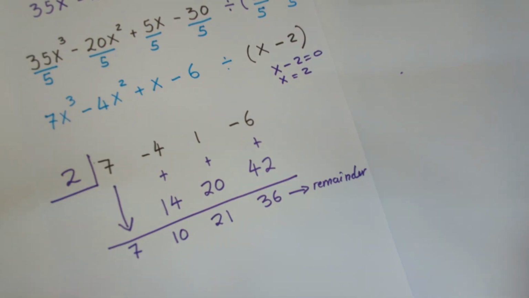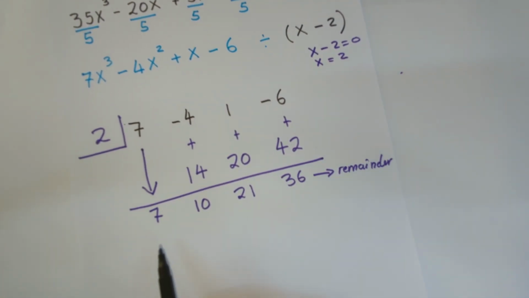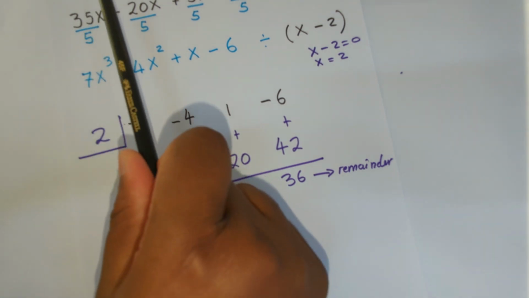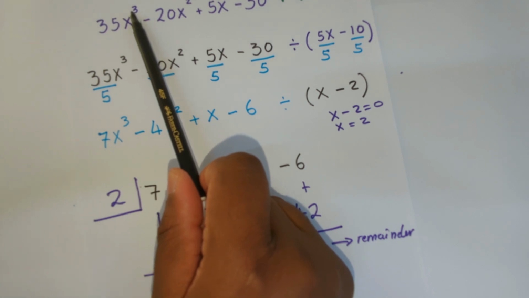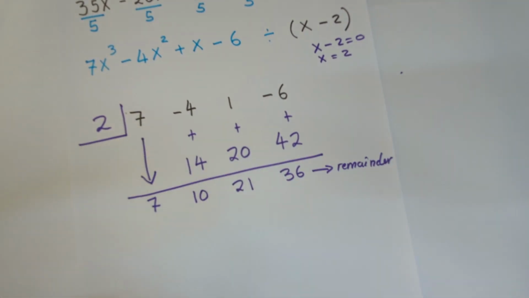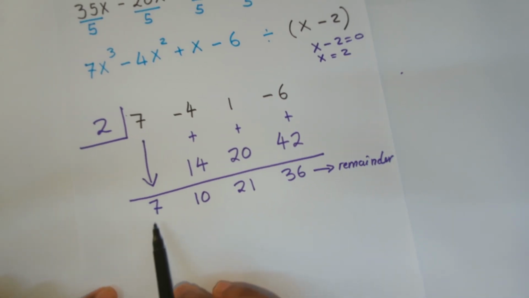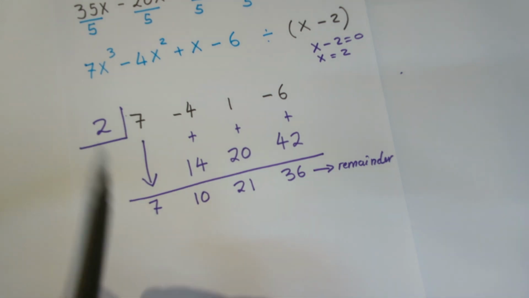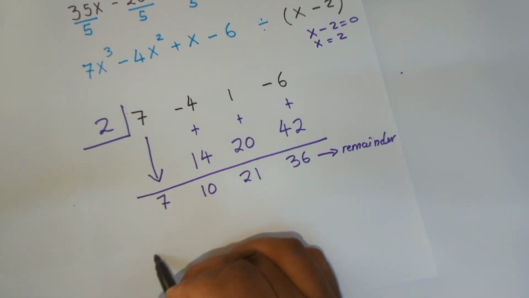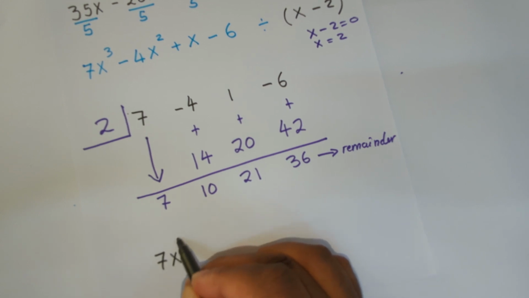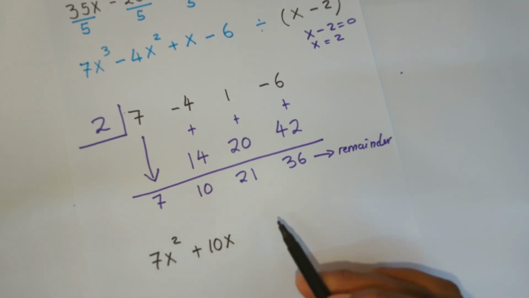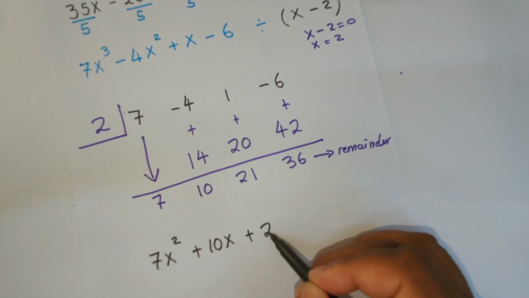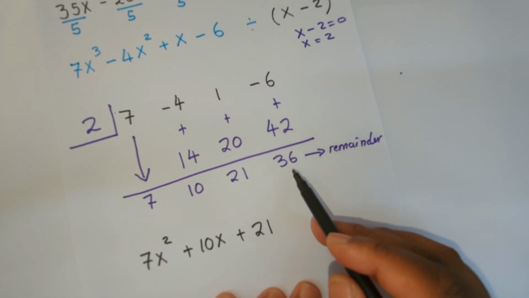Now let's go ahead and write our final answer. Since our original polynomial had a degree of 3, this implies that our quotient will have a degree of 2. So we are going to say 7x to the power 2 plus 10x plus 21 with a remainder of 36.